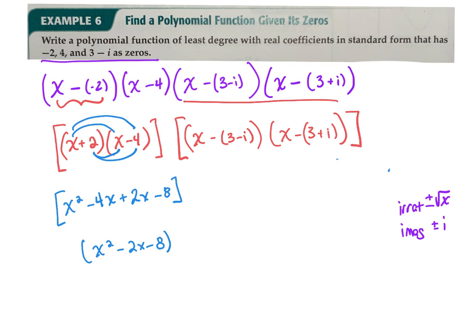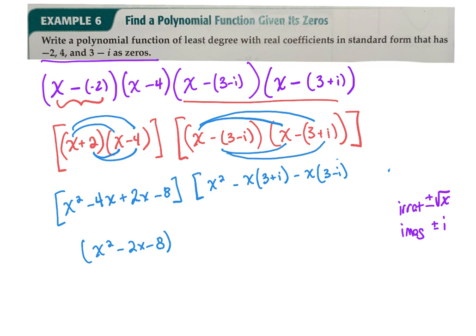All right, so we have x times x, that is x squared. We have x times this group, the negative, so negative x times this group. Then we have x times this group, also the negative there, so negative x, 3 minus i. And then we have this group times this group, all right? These are conjugates of each other.